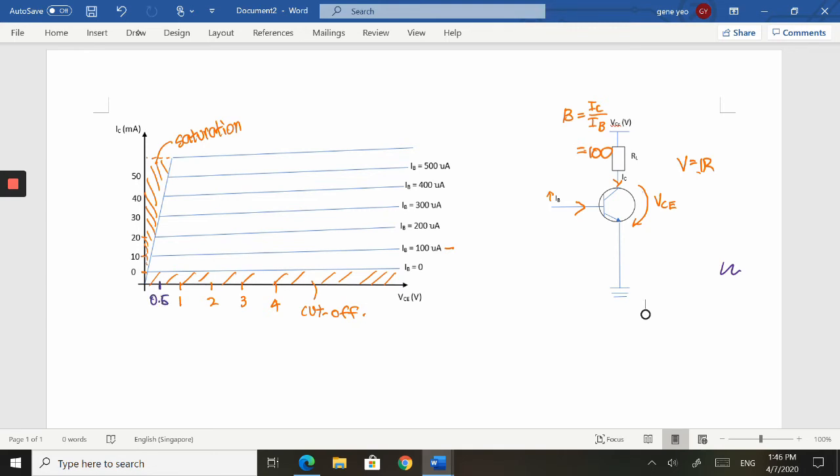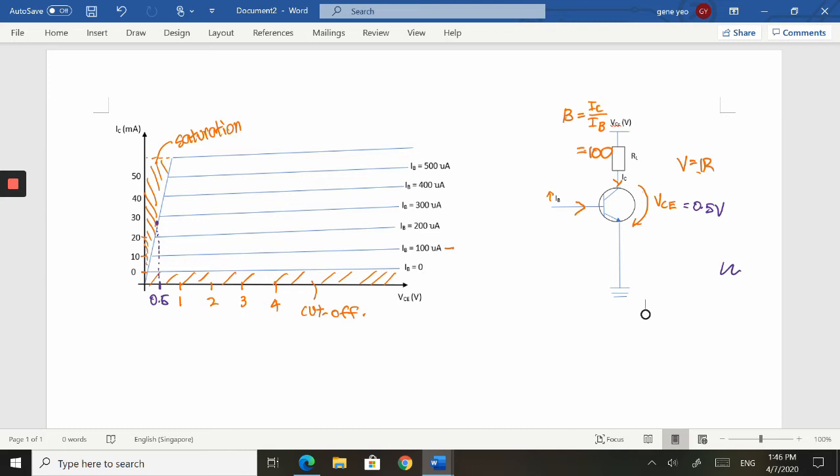So my VCE value here is 0.5 volts. Now, using whatever IB value I have, I find that I hit saturation very fast.